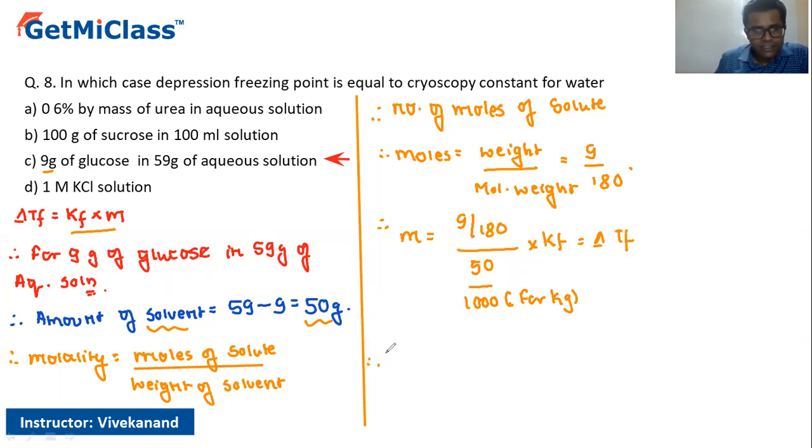So 9 by 180 into 1000 over 50, multiplied by Kf, is going to give me a value of delta Tf.